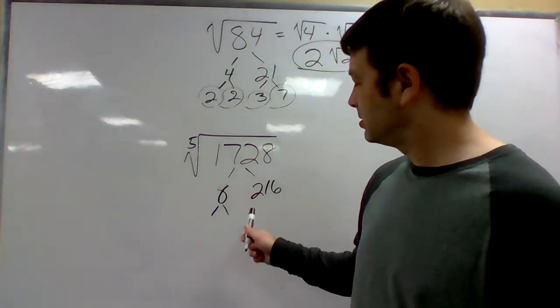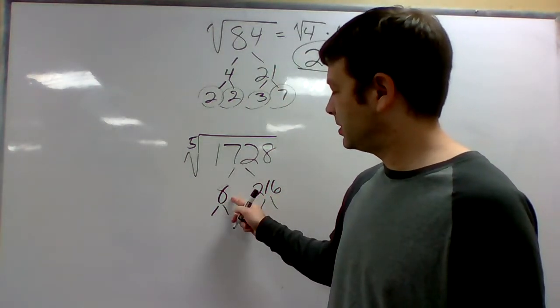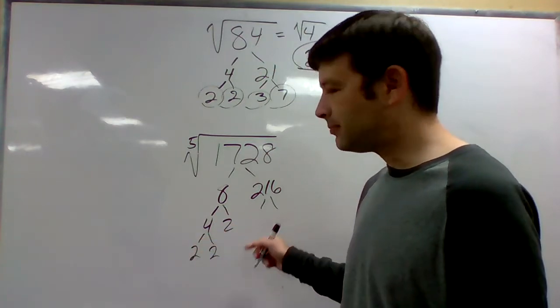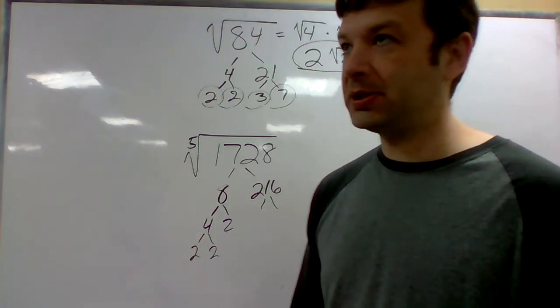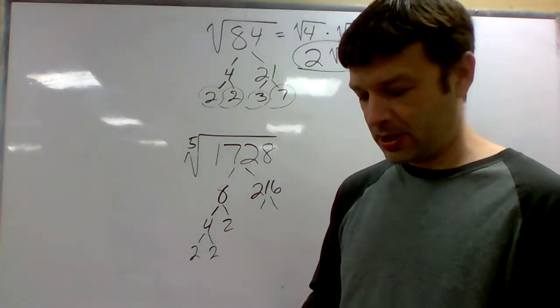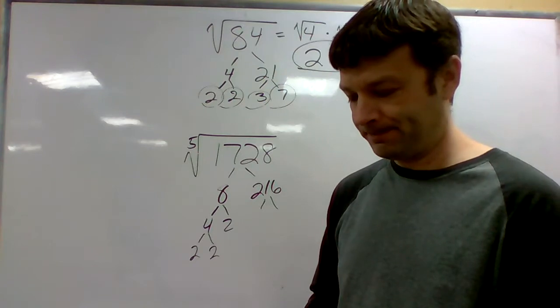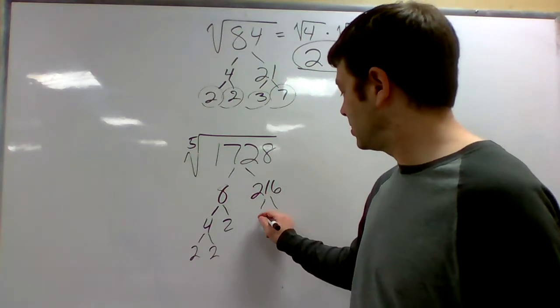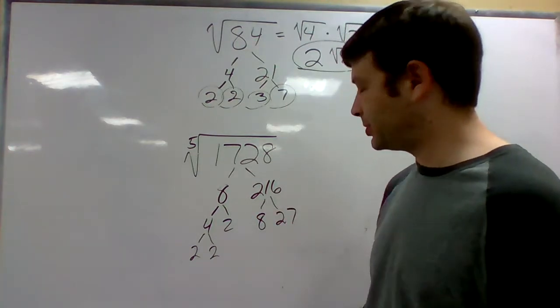Okay, so 8 is 4 times 2. What goes into 216? Well, it's even, so you could at least use a 2. Let's try, I don't know, will 8 work in that? Yep. 8 times 27.